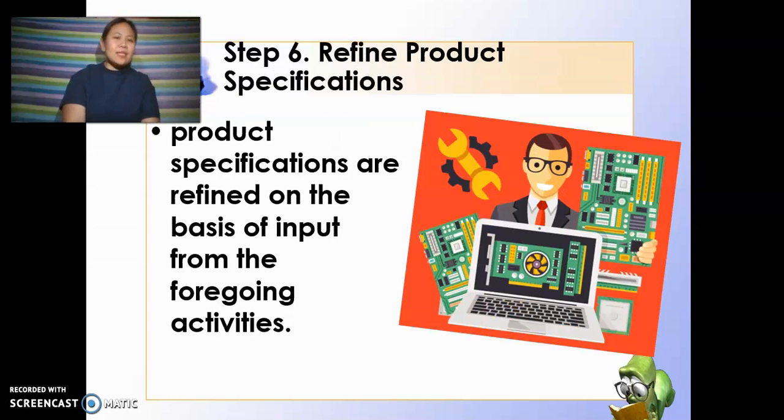On our next step, after we have selected or finalized a product concept, we are now going to refine the product specifications. Product specifications are refined on the basis of input from the foregoing activities. So after we have done the market research, we are now going to refine those specifications based on the activities that we have done in the previous step.